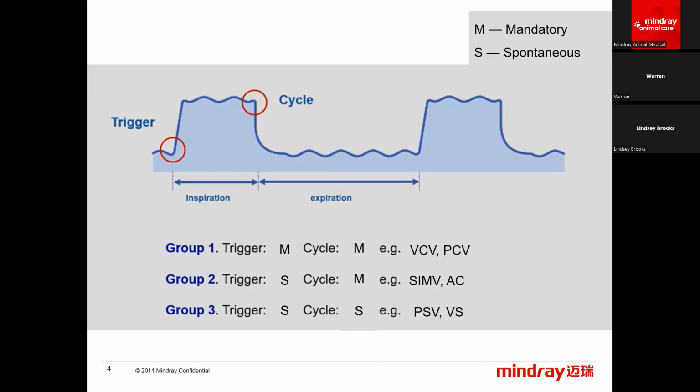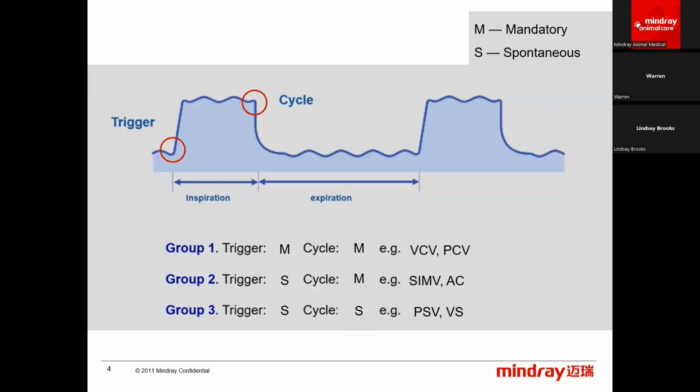Our next group, group two, has a spontaneous trigger and a mandatory cycle. The spontaneous trigger means that the patient gets to decide when they take a breath in. If they have any kind of respiratory drive and they're ready to take a breath, their body is telling them to, that spontaneous trigger is going to let them take a breath when they want to.